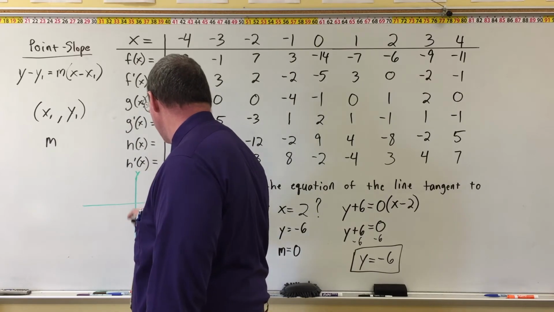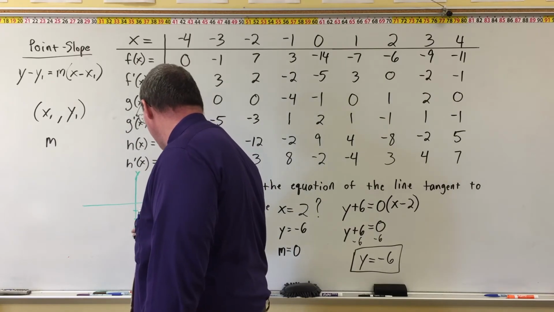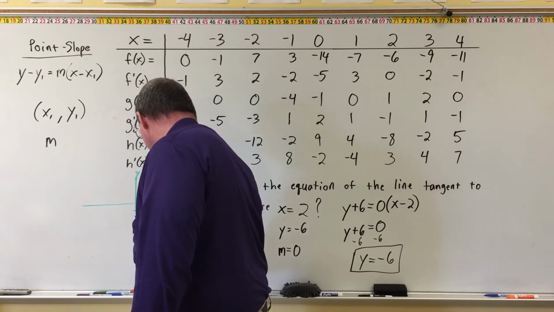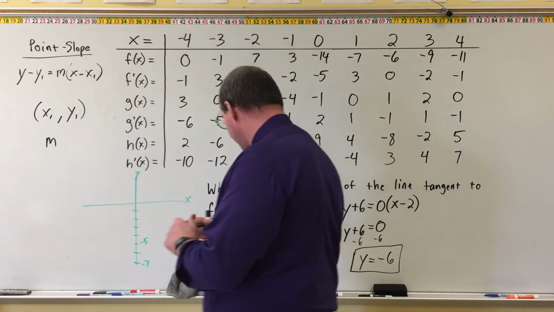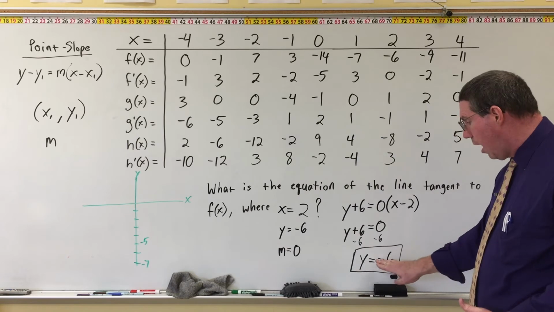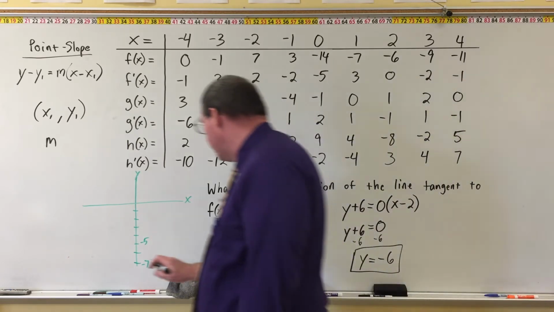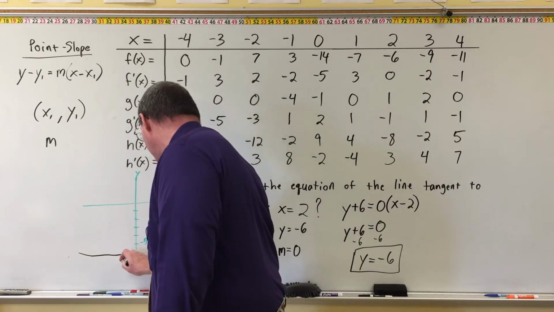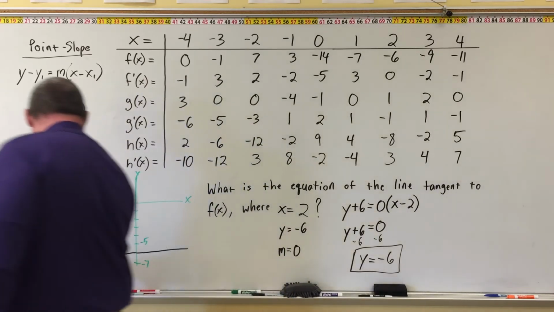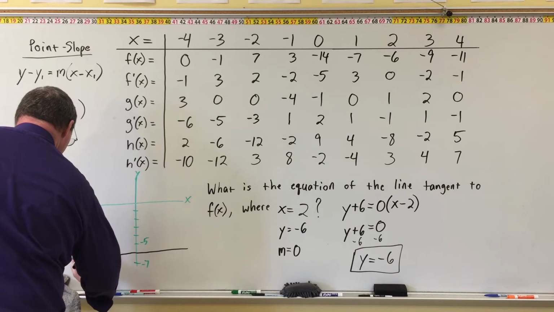Let's go down 1, 2, 3, 4, 5, 6. And then there's negative 7. So this is negative 5, this is negative 6, and this is negative 7, right? Well, this is a horizontal line at negative 6. So we can just draw a horizontal line straight through negative 6, and that is the line y equals negative 6.